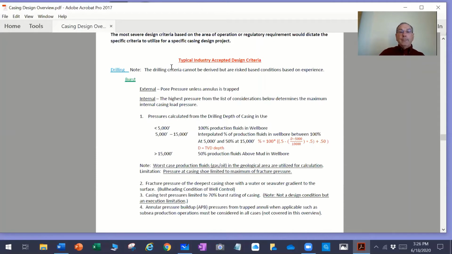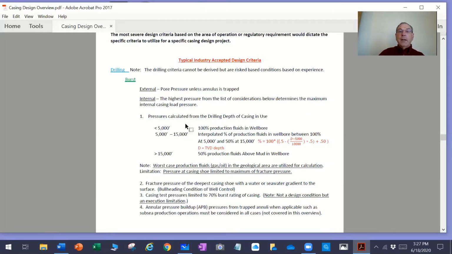So burst external pore pressure is what we utilize on the outside unless the annulus is trapped. If it's trapped, I've already mentioned, then we can use mud weight, but otherwise we'll use pore pressure. Internal, we're going to use the highest pressure from the list of considerations below to determine the maximum internal casing load pressure.